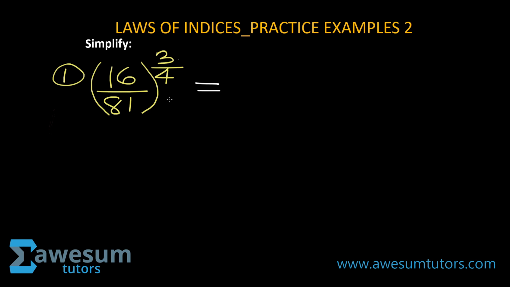So in this problem, we're going to be using the law of indices of fractional indices. This is 16 over 81 raised to the power of 3 over 4. What we discussed in that video was that the denominator is going to represent roots. Because this is 4, it's going to be the fourth root.